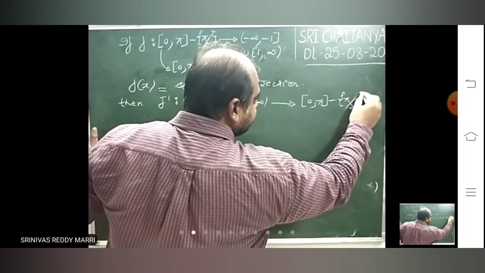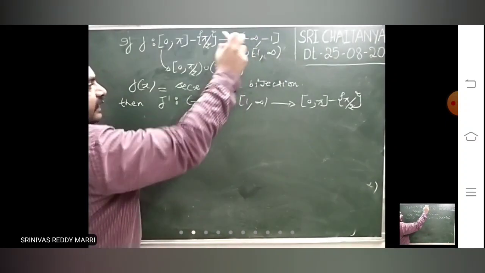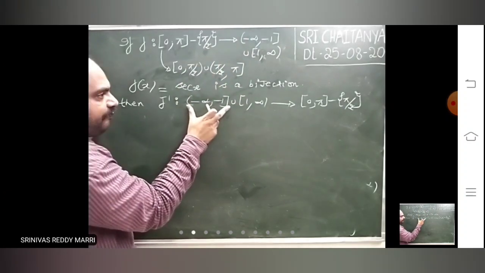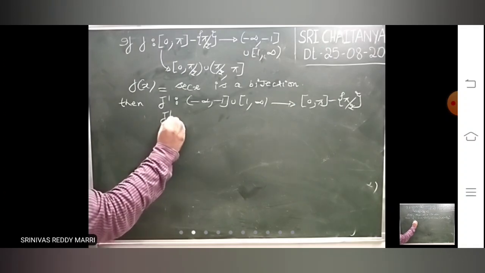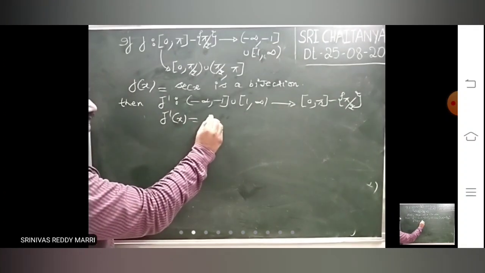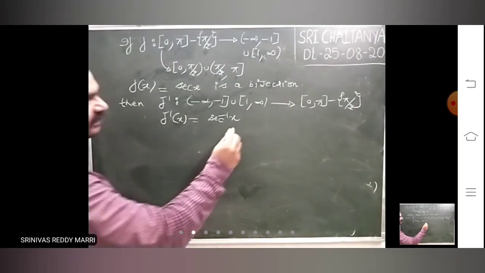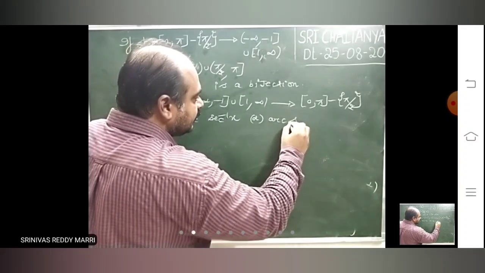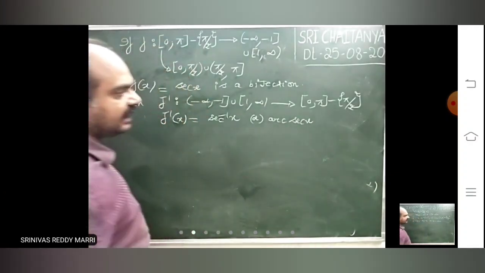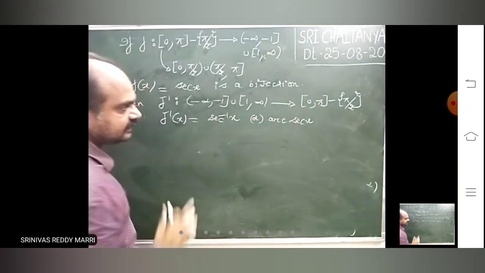If F maps A to B, then F inverse maps B to A. If I define the function like this, it is called secant inverse x, or arc secant x.